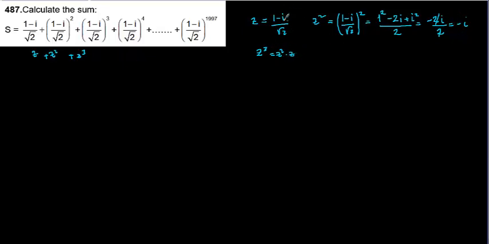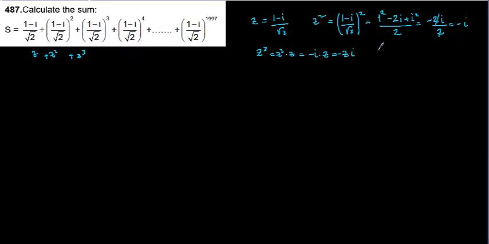That's why, instead of z square, I'm going to directly use minus i. So z cube is equal to minus i times z, or minus z times i.